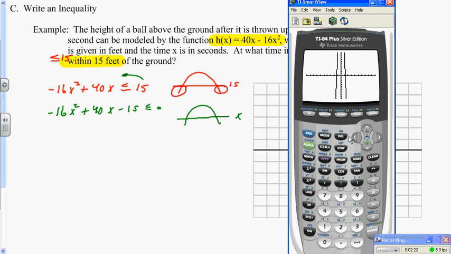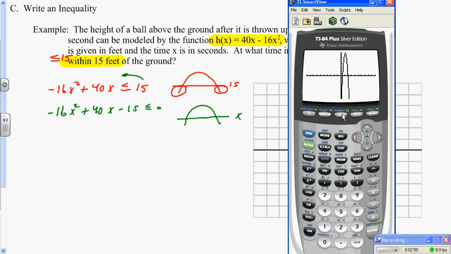This looks a little bit off still. Oops, there it is, forgot my x. 40x. There you go, minus 15. You could have told me. Alright, now let's try it. There, that looks better. Now we care about when it's below the x-axis.